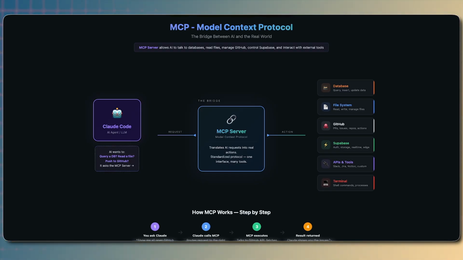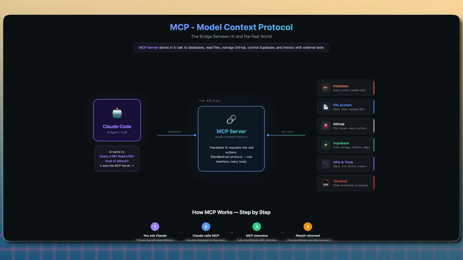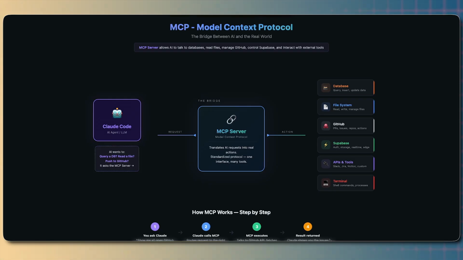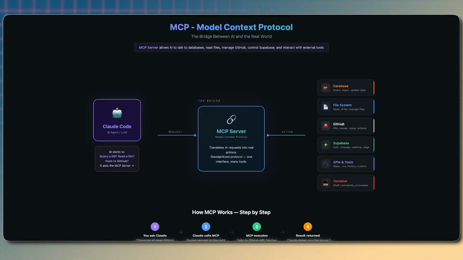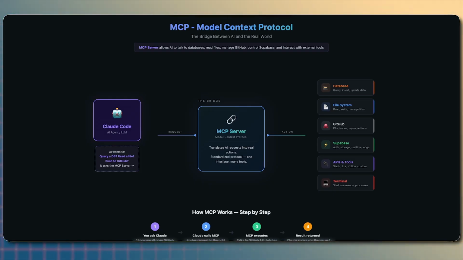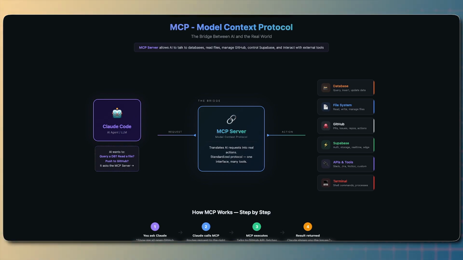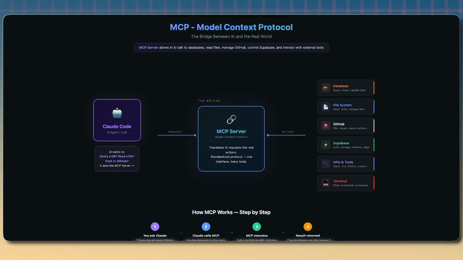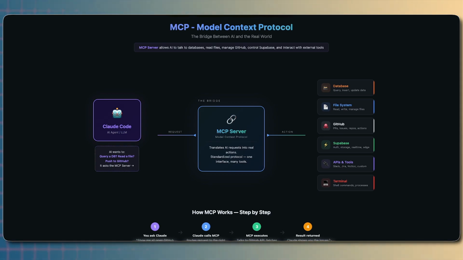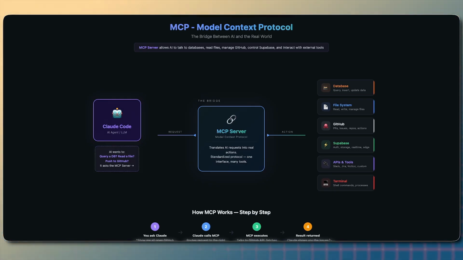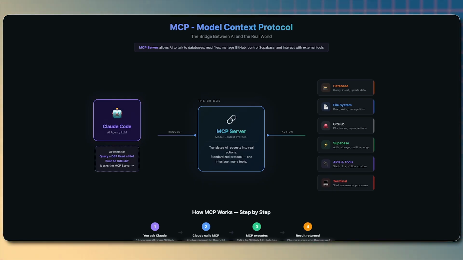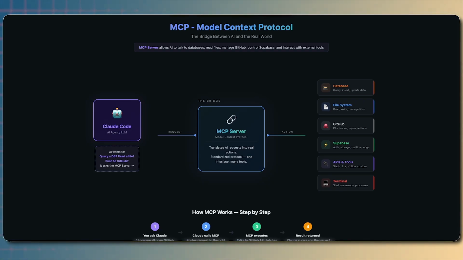In short, MCP translates all kinds of AI requests into real actions. MCP servers allow AI to talk to databases, read files, manage GitHub, control Supabase, and interact with different applications or tools. So without manual coding, MCP servers can do everything automatically.